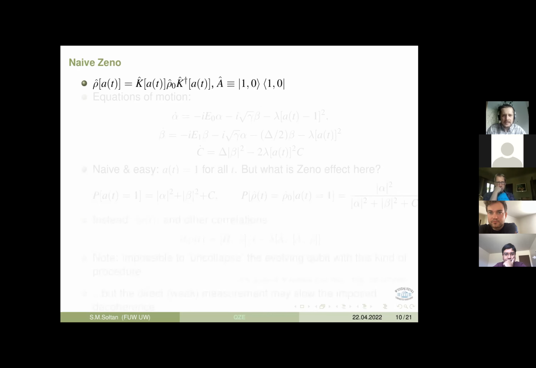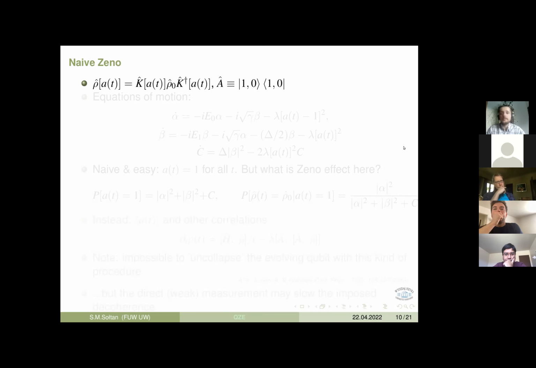So let's introduce the measurement now. We should start with the density matrix taken for a specific track of results. The procedure is very similar.